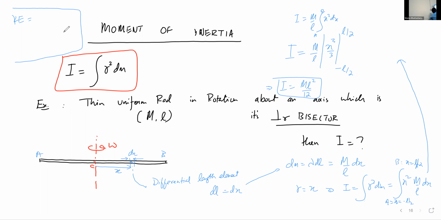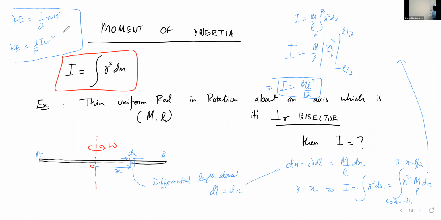So there is the comparison. For translation, the energy we are giving to develop that much kinetic energy is directly proportional to mass and to the square of the linear speed. Like that, in the case of rotation, the amount of energy we have to convert into kinetic energy is directly proportional to the moment of inertia, and directly proportional to omega square, where omega is the angular speed. So that is the analogy over here.